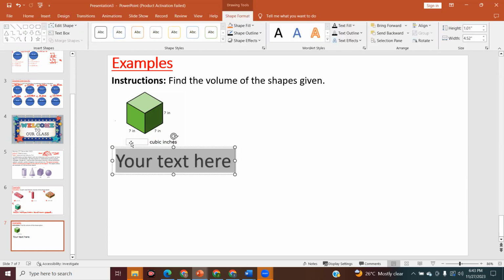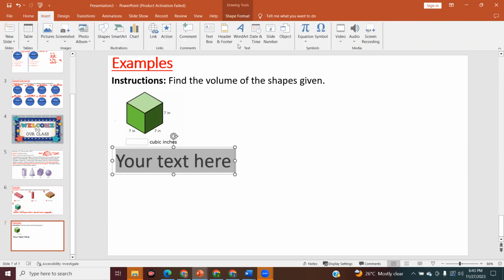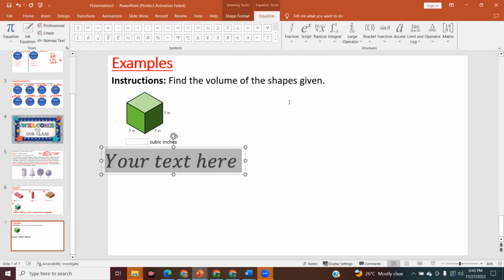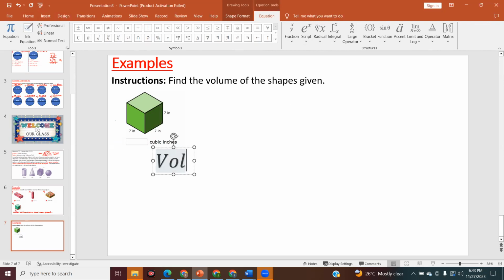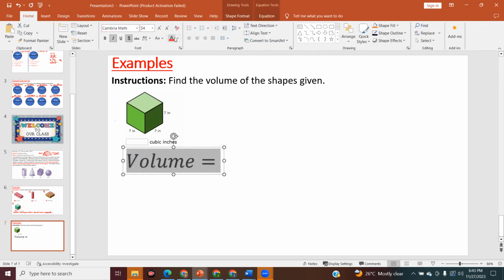Very good. So 7, 7, 7. That's what makes it a cube. And it is a three-dimensional object. Understand that? It's in 3D. You said 3? I thought you said 2. Maybe because your internet is not working properly.